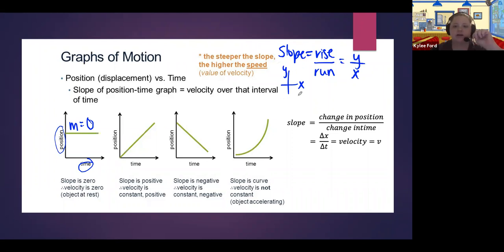Okay, if you compare this graph to this graph, you can see the similarity. Okay, so now our slope for all of these is going to be our change in position, okay, divided by our change in time. Okay, so we can say delta x divided by delta t equals what?